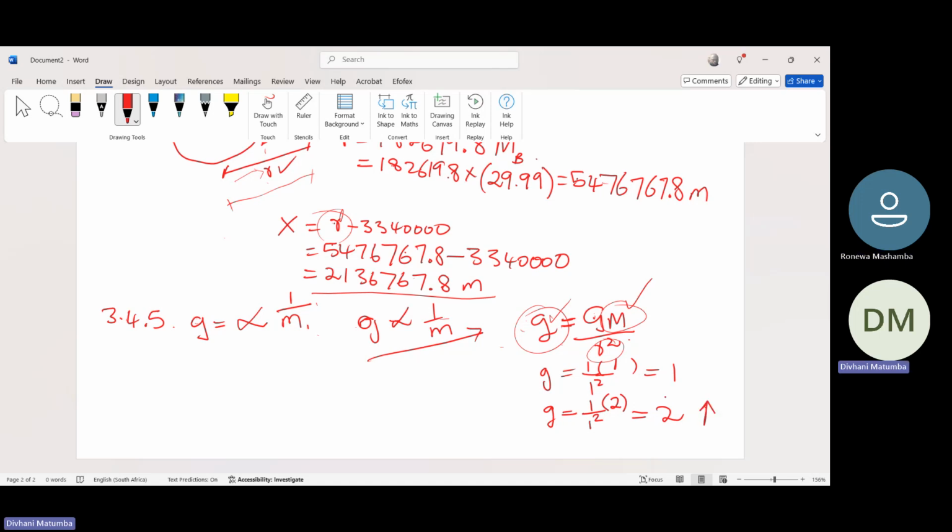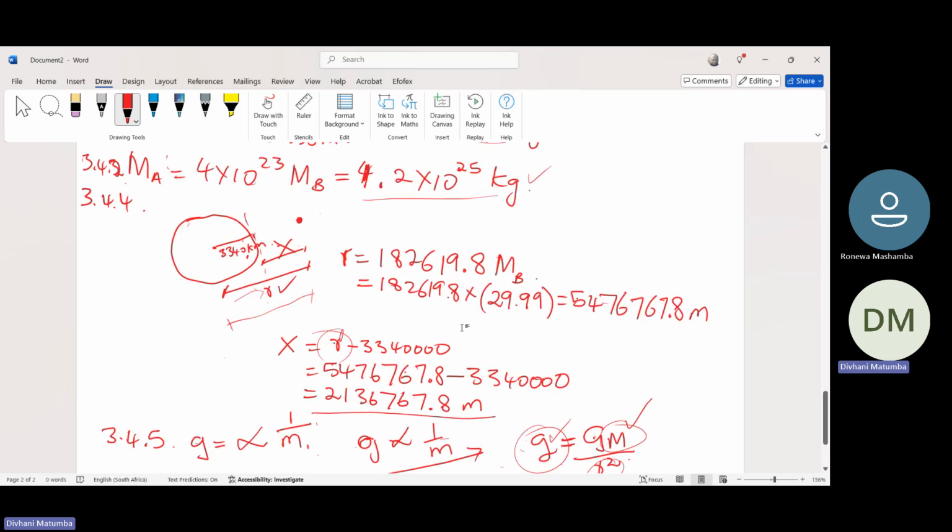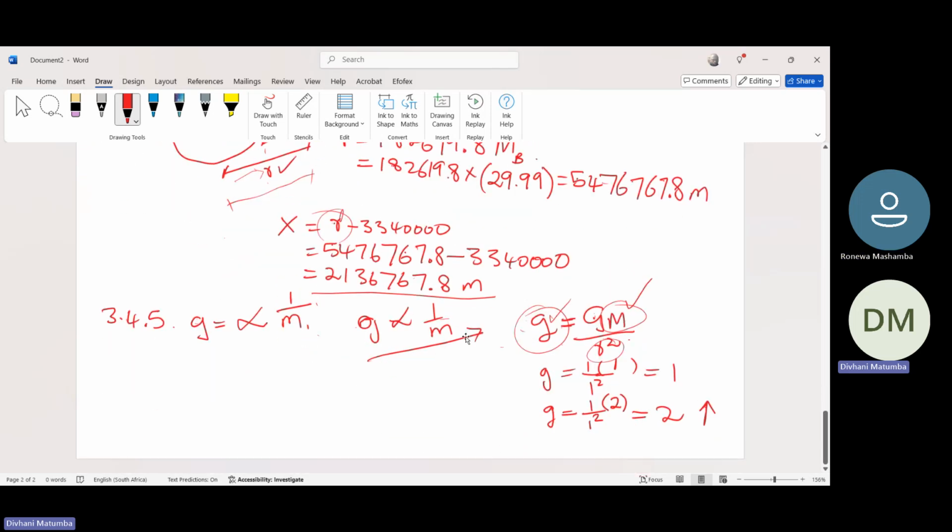So I just want to teach you something that is very vital when it comes to dealing with equations and the whole proportionality definition. If you have an equation, g equals Gm over R squared.